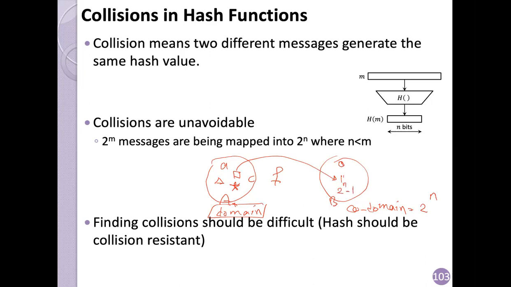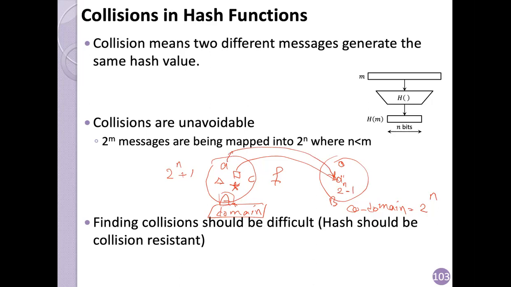If the input space, set A or domain, has more elements, let's say 2 to the power of n plus 1, just one element more than the codomain, then at least 2 of the elements in the domain have to be mapped onto the same thing in the codomain. For example, A and a square have to map onto the same thing.